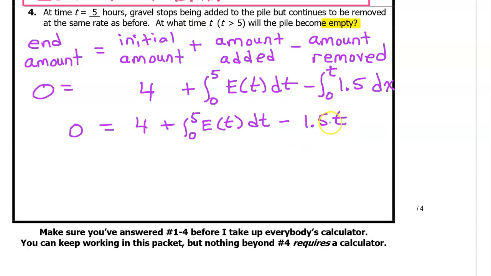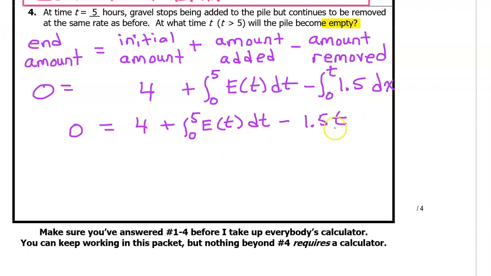So, of course, the amount of gravel removed will be 1.5 times the number of hours, or 1.5t. So if you understood what I just said, then you will immediately just write minus 1.5t. Otherwise, you will go through the motions, set up this integral, and then use the shortcut to turn this into minus 1.5t.